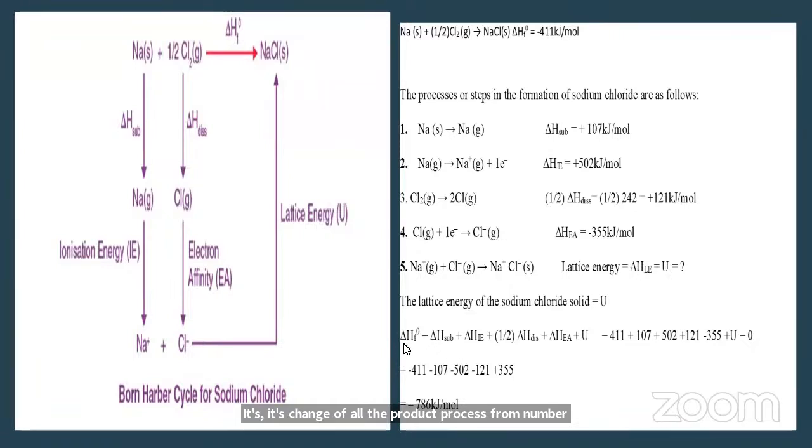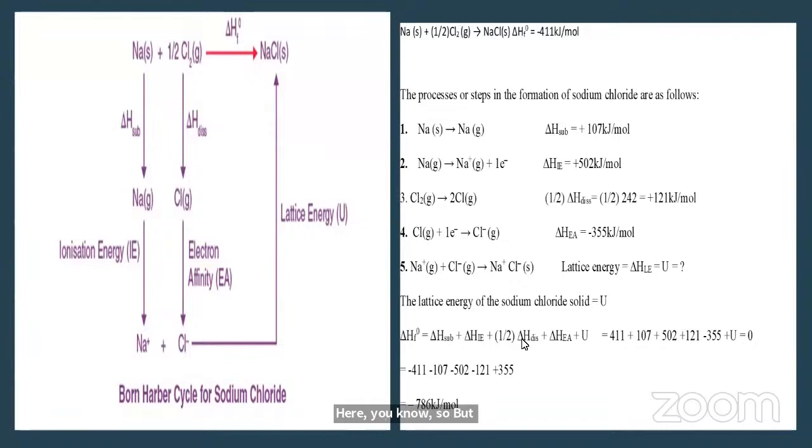So what we are saying is that heat of formation is equal to heat of sublimation plus heat of ionization plus heat of dissociation. The reason why we put that here is because in our heat of dissociation, we have two atoms of chlorine. Because we are using one atom here, you're going to divide it by 2.